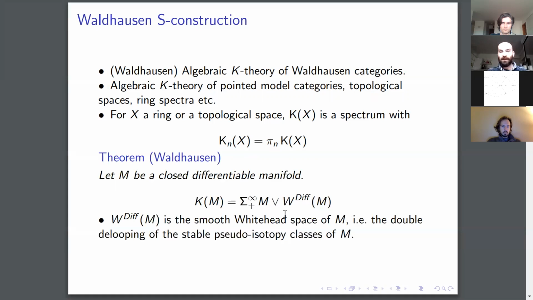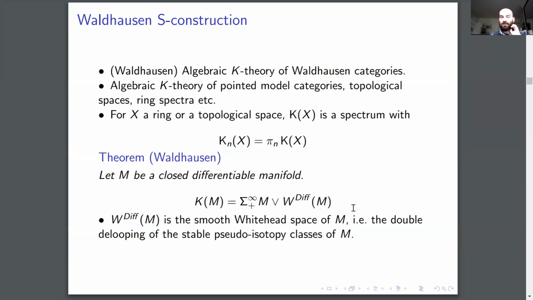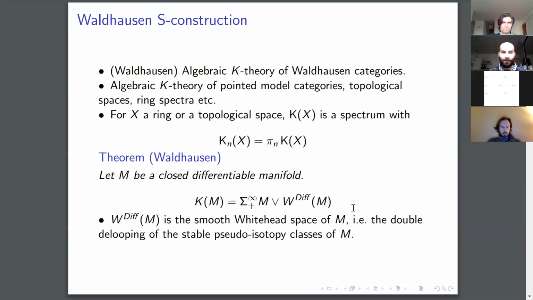It splits where this is the smooth Whitehead space of M, which is basically the double delooping of the stable pseudo-isotopy classes of M. So that's some sort of topological information coming from isotopy classes of M. So he shows that algebraic K-theory of spaces contains this information.